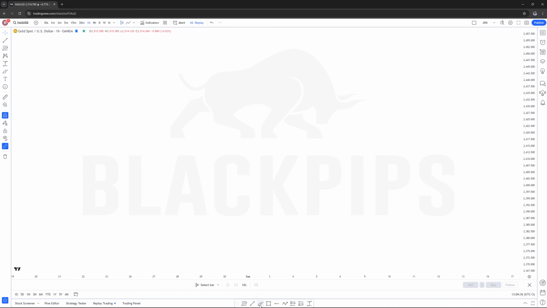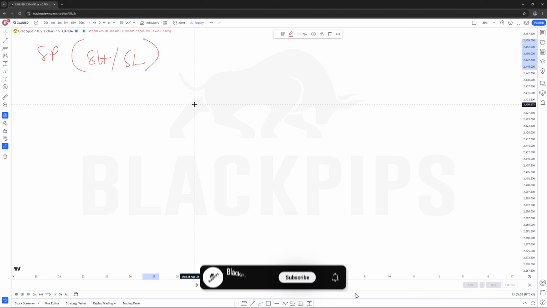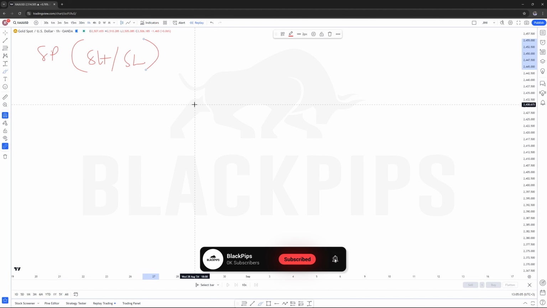So, for instance, when we talk about swing points, we have only two swing points, which is swing high, but also we have swing low. These are the swing points that we have. And when we talk about the swing point, we mean the very highest point or the lowest point that are found within the market structure.